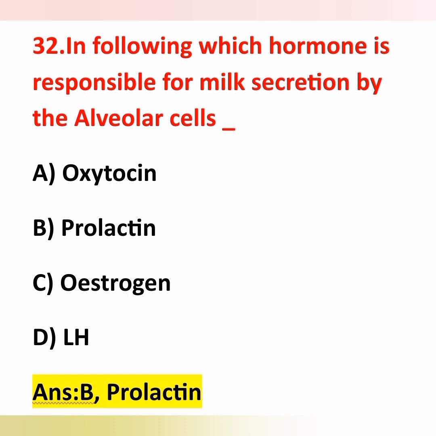Prolactin is the hormone responsible for milk secretion, and the milk ejection hormone is oxytocin. Prolactin is responsible for milk secretion, and oxytocin, option A, is responsible for milk ejection.